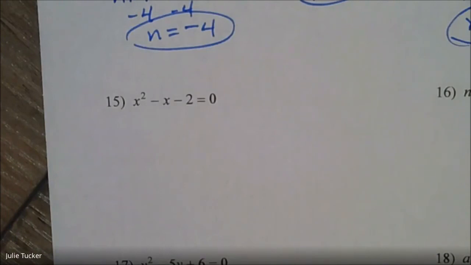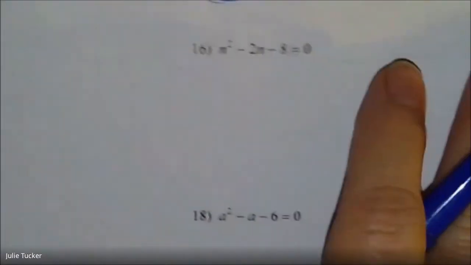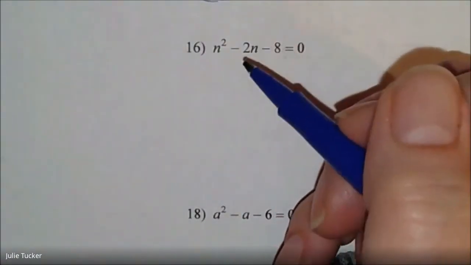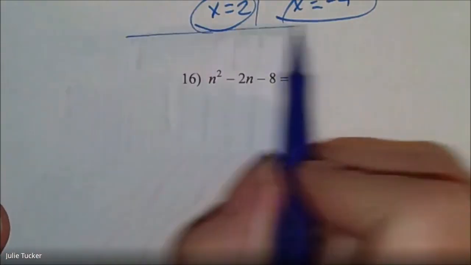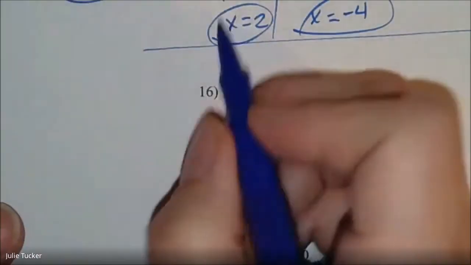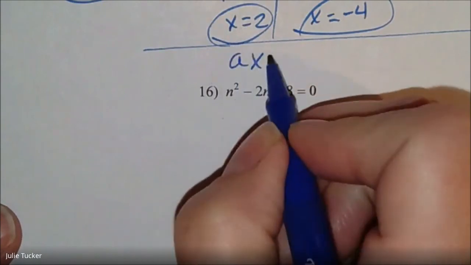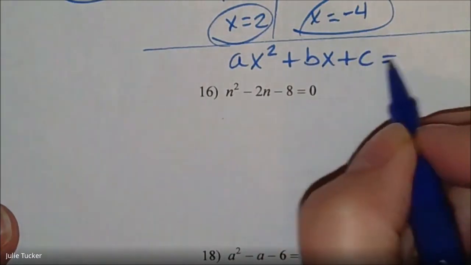Okay, so now for quadratic formula, we write out the whole darn thing. So let me do it with this problem. What you have to remember is standard form. Standard form for any quadratic is ax squared plus bx plus c equals 0.